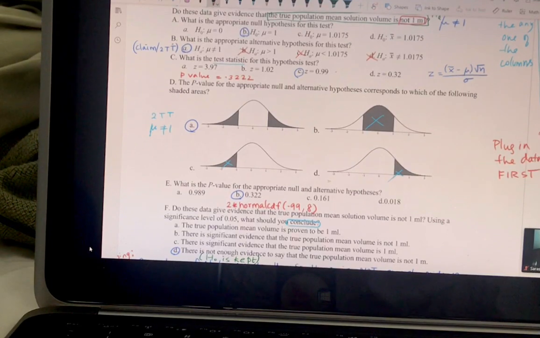So it's going to be 2 times second, option number 2, 0.99, comma 8. So what do you get? It's 0.322. So that is the probability. That's what we got.